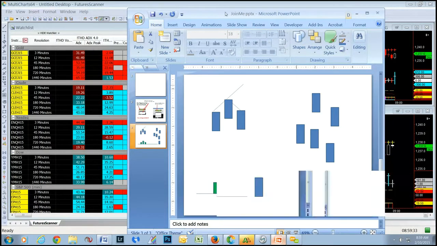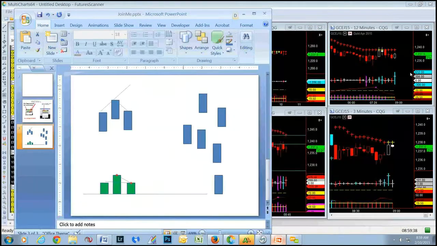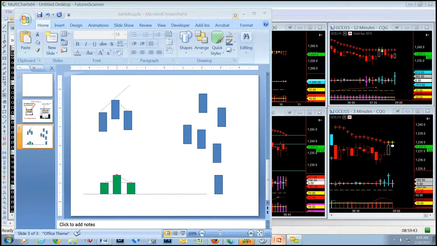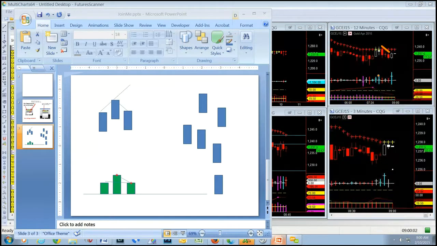So let's go back over here to the scenario that you talked about. Lower high in volume.